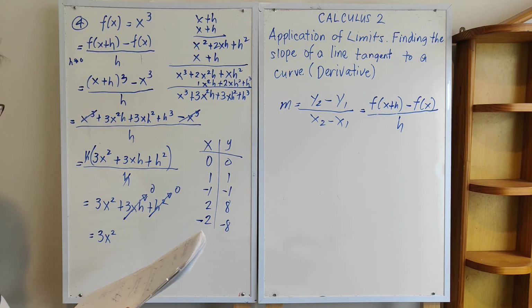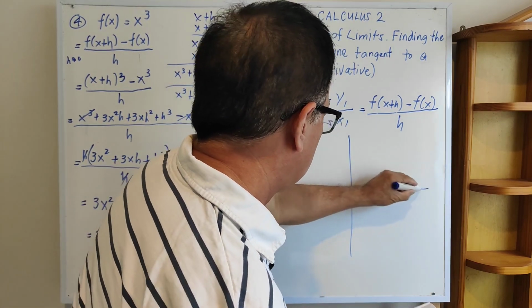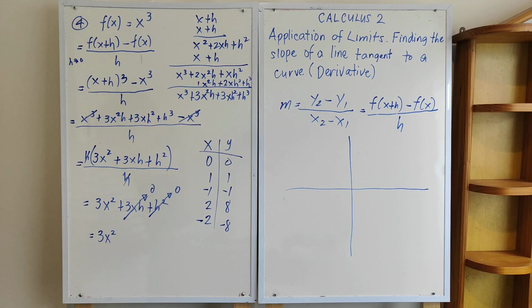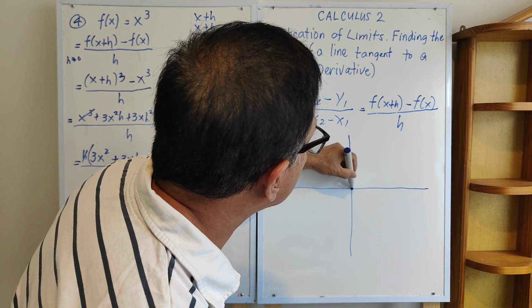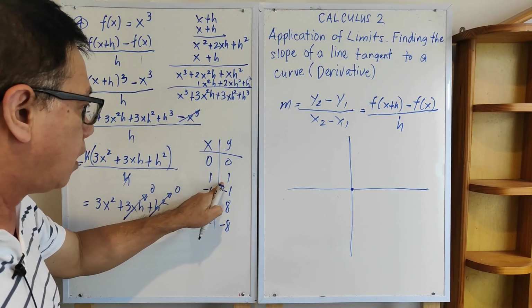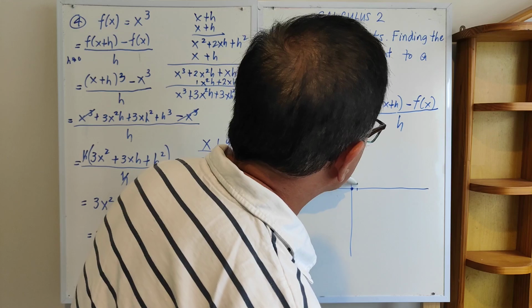So let me just draw this one. At 0, 0, your point is here. 1, 1 is this one.